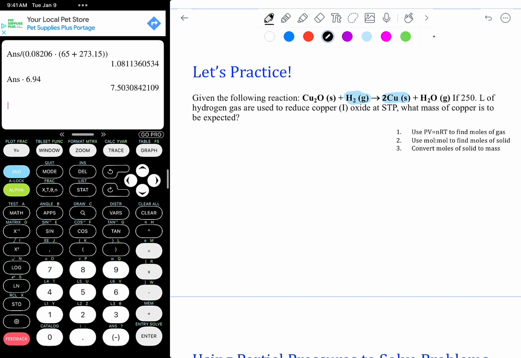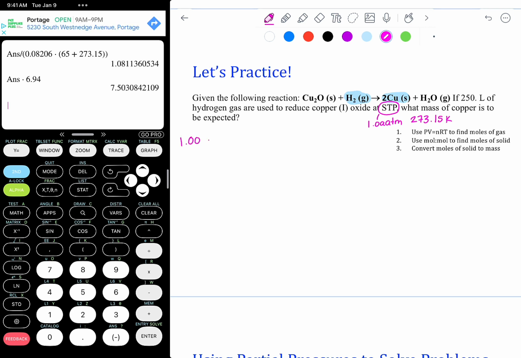The first step is going to be plugging in our volume of hydrogen gas into PV equals nRT. Remember that STP tells us that our pressure is 1 atm and 273.15 Kelvin. So pressure is going to be 1.